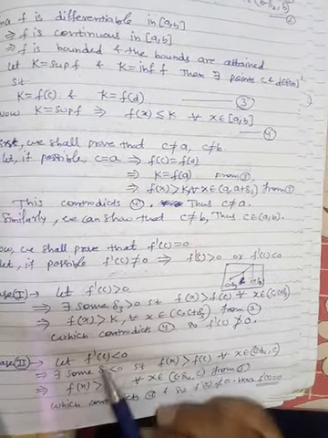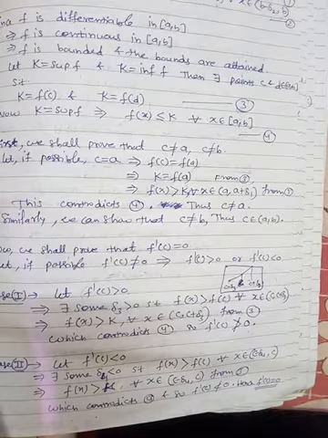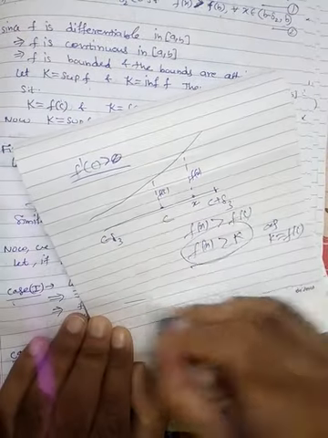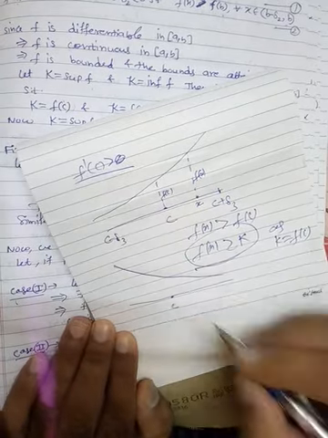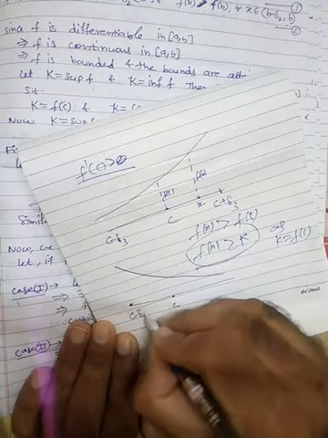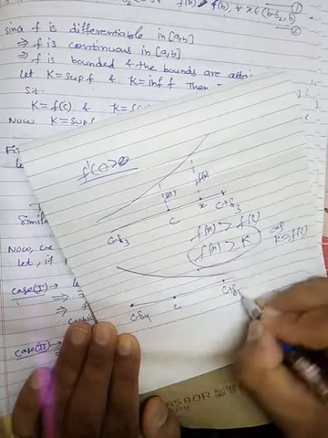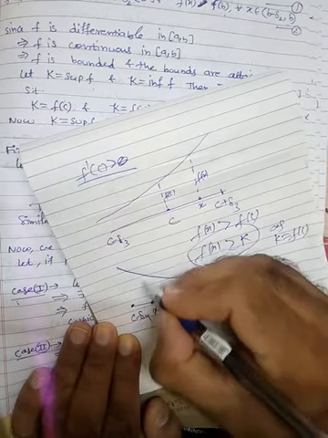Case number 2, when f dash C is negative. If negative, then we take the decreasing pattern. So here is C minus delta 4 to C plus delta 4. Now you take x here.